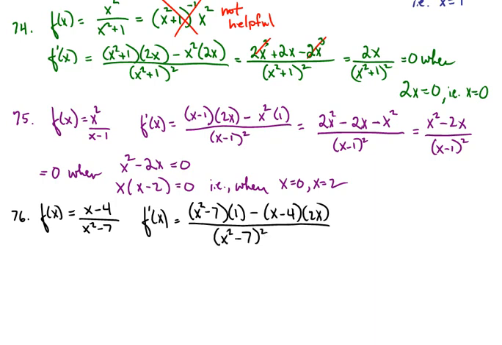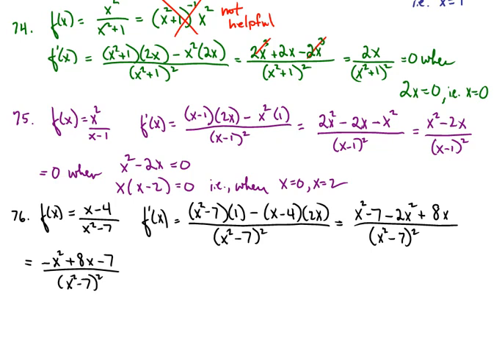We just need to simplify the numerator. We get x squared minus 7, then minus 2x squared, and then plus 8x. We'll do one more simplification on that. That will be negative x squared plus 8x minus 7 over x squared minus 7 quantity squared. I'll factor out a negative from the numerator.